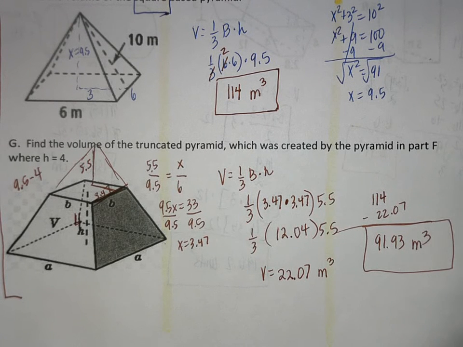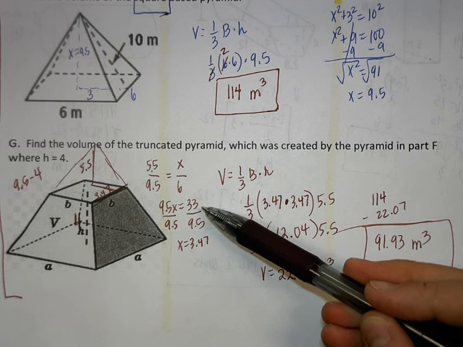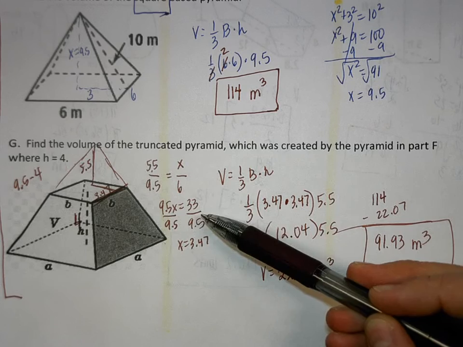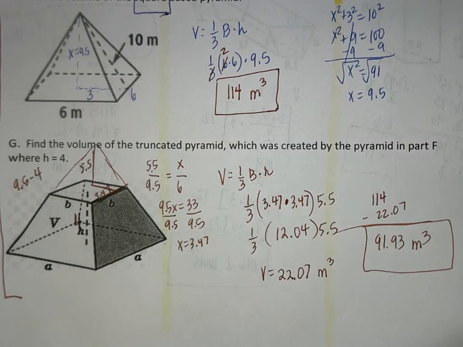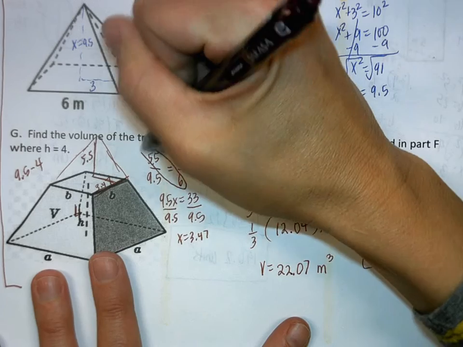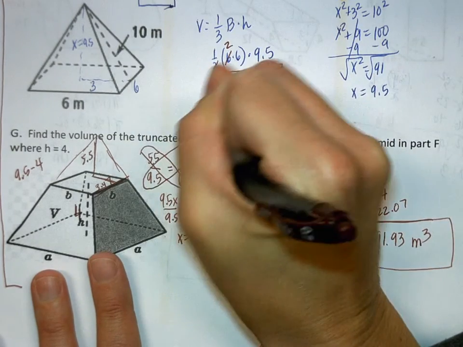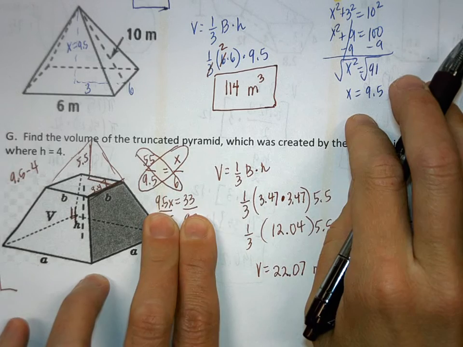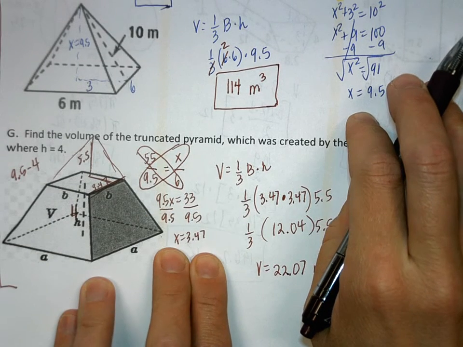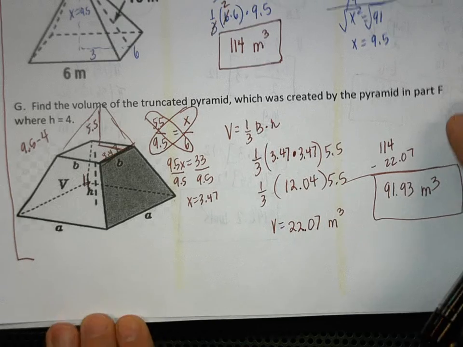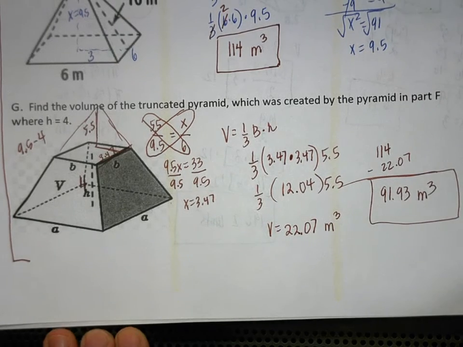Where's my 33? 9.5x equals 33. Cross multiply. 5.5 times 6. So I cross multiplied here and here to get 9.5x equals 33, and then divided by 9.5 on both sides. Okay, anything else? No? All right.